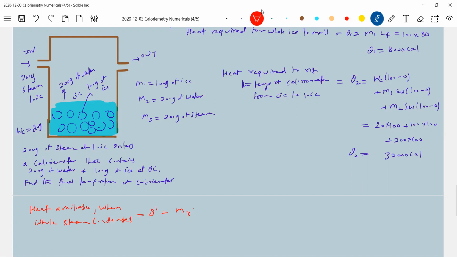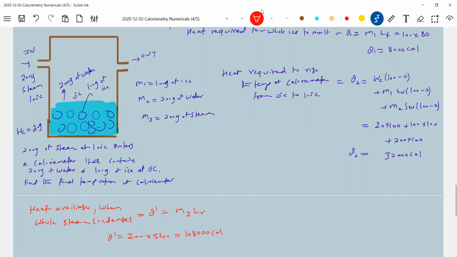This should be M3 into LV, so equal to 200 into 540, which is 108,000 calories available.